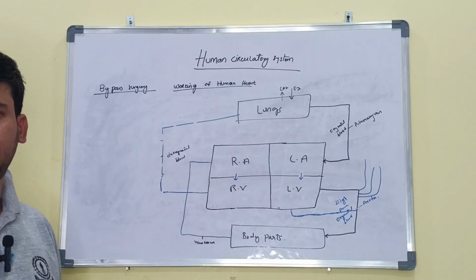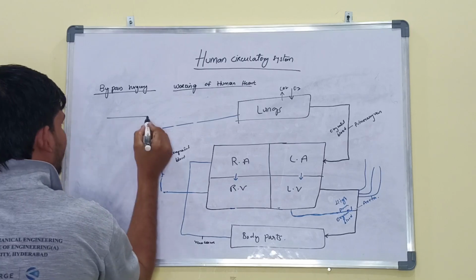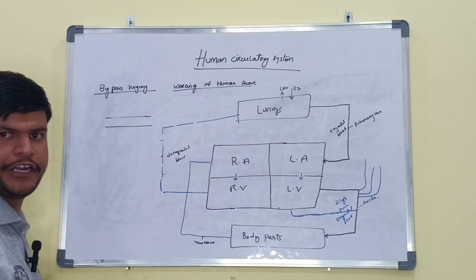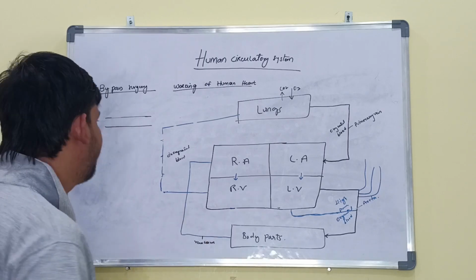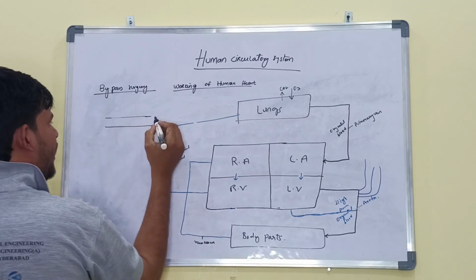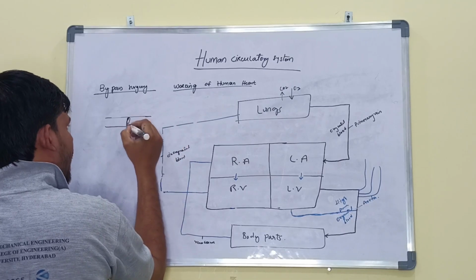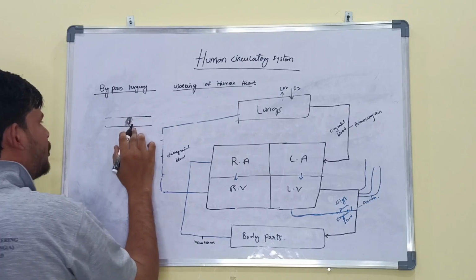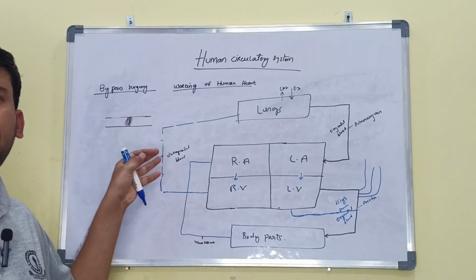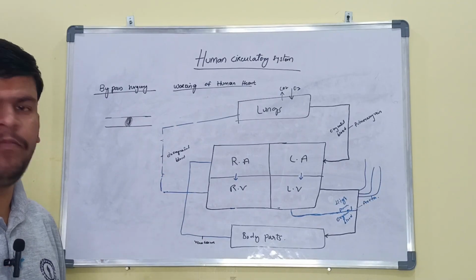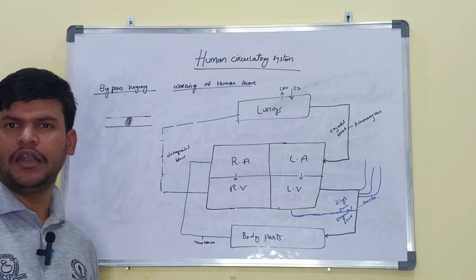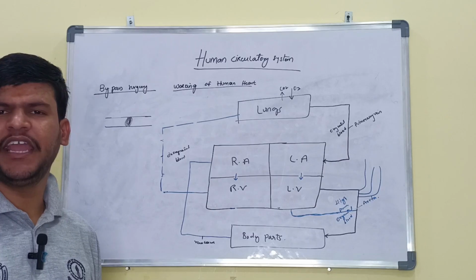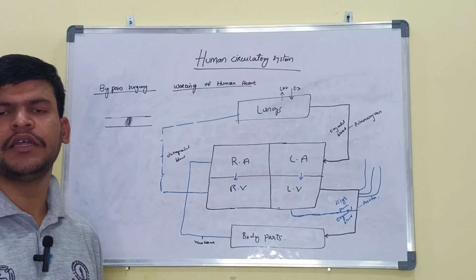The term bypass surgery means, if we take an example, this is the coronary artery, which was previously explained. If a blockage occurs in the coronary artery, how does it occur? In day-to-day life, we take many different types of food.